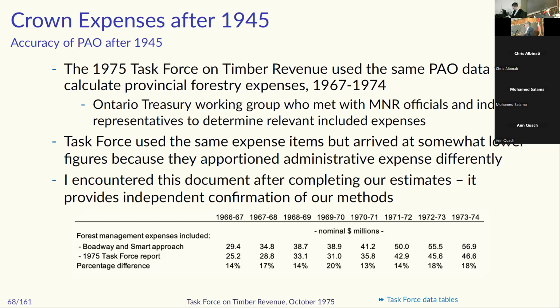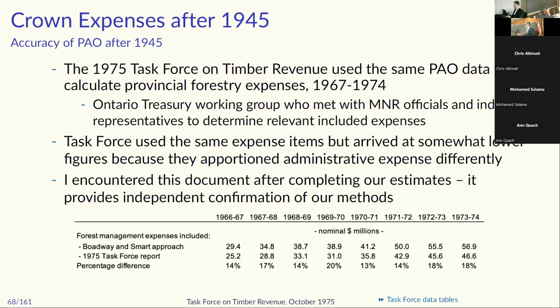To do that, those Treasury officials met with MNR officials and also industry representatives, and they examined the same public accounts documents that I did for a very similar purpose. They wished to estimate the Crown's spending in support of forestry for the years 1967 through 1974.